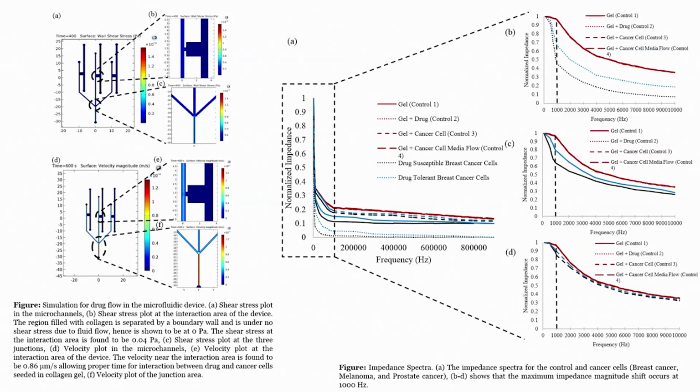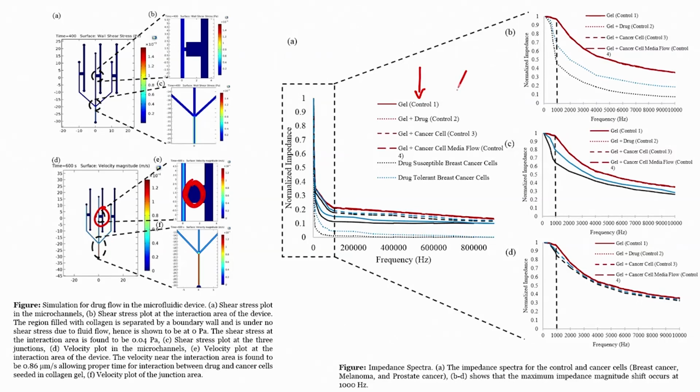Right now, let us understand how this chip can be used for testing the drugs. If you see here, we have several controls. One is just gel: when you introduce just gel into this smaller channel, what is the impedance?